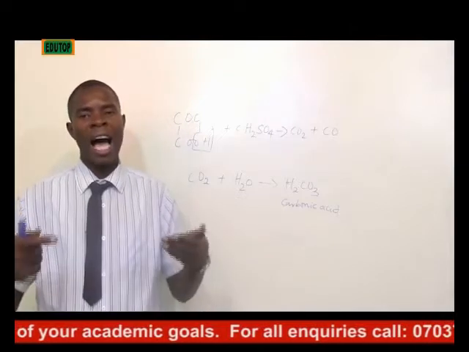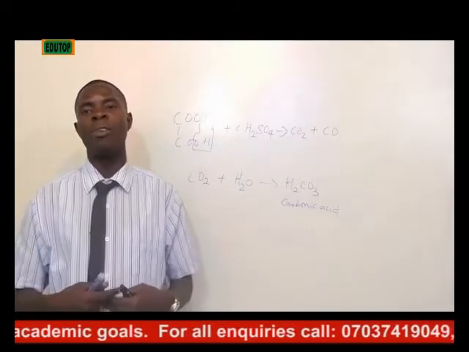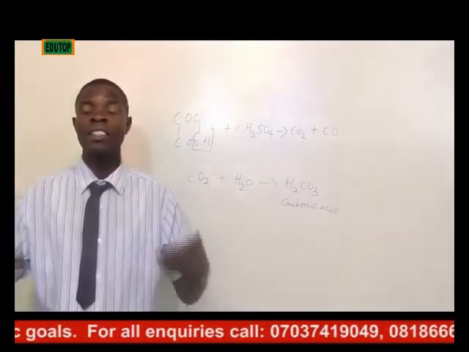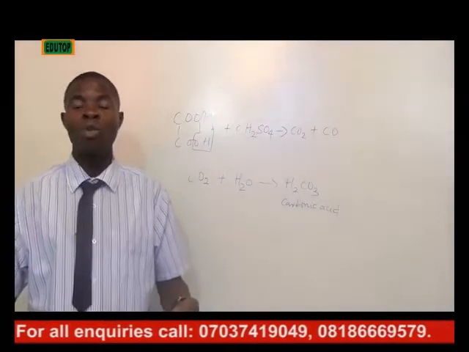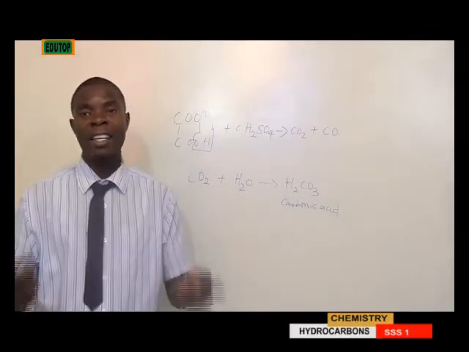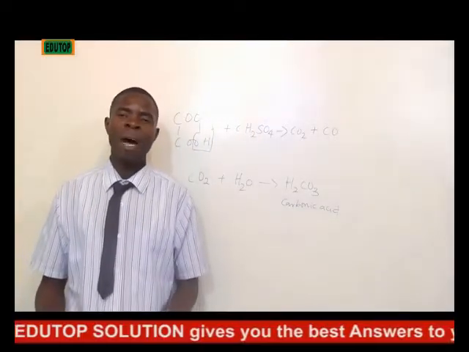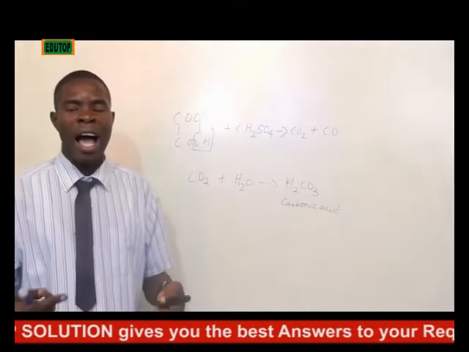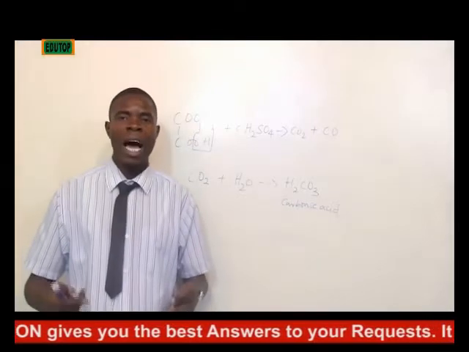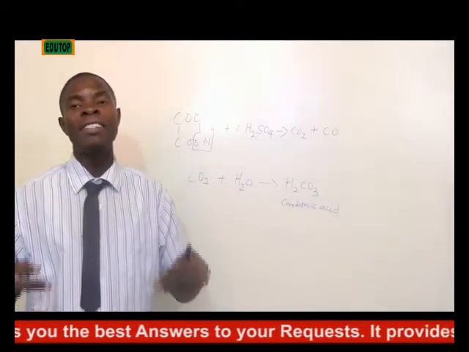What are aliphatic hydrocarbons? They are straight-chained hydrocarbons, and the typical examples are alkanes. What about aromatic hydrocarbons? Aromatic hydrocarbons are the family of benzene.